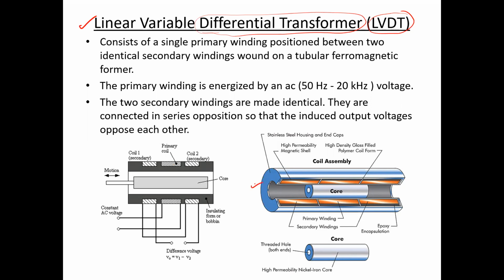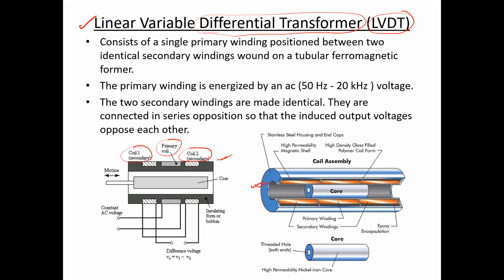This is a 3D view, and a cross-sectional view is presented over here. The primary winding is placed at the center, and on both sides of the primary winding, two secondary coils are placed as well. The windings and the materials used for both the secondary windings are identical.